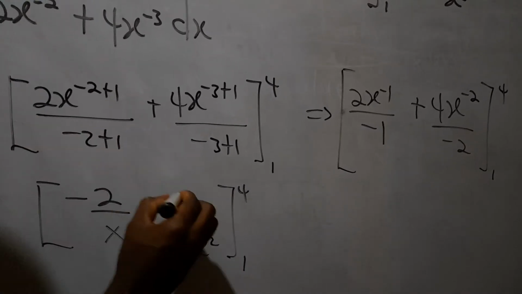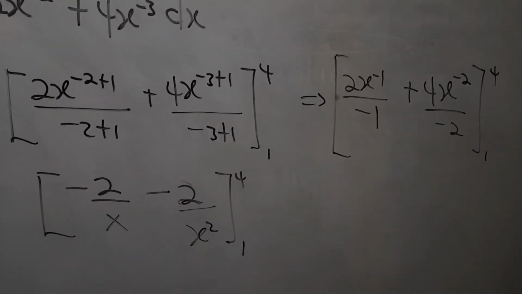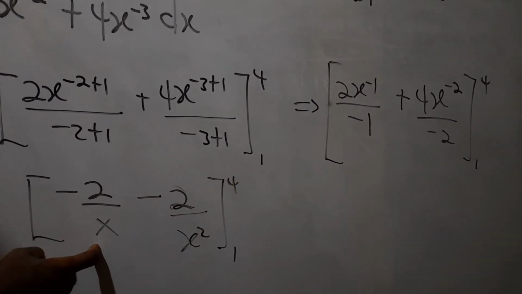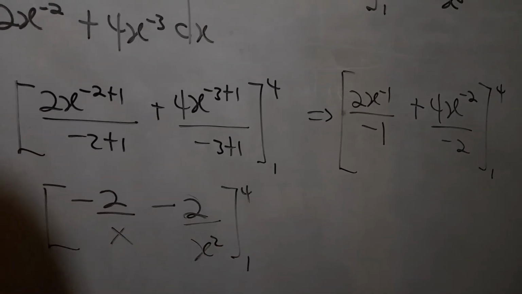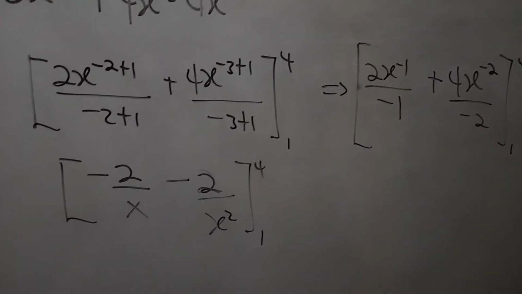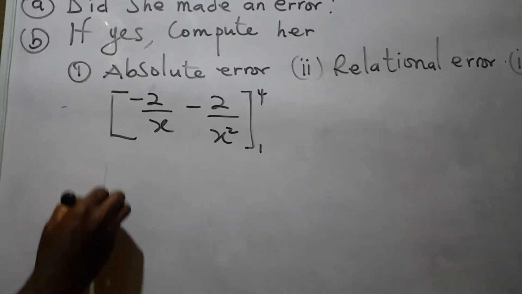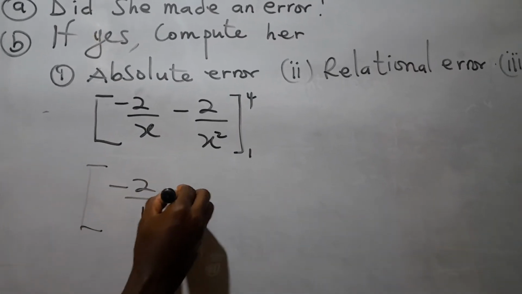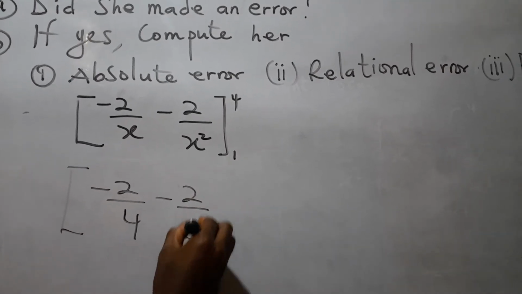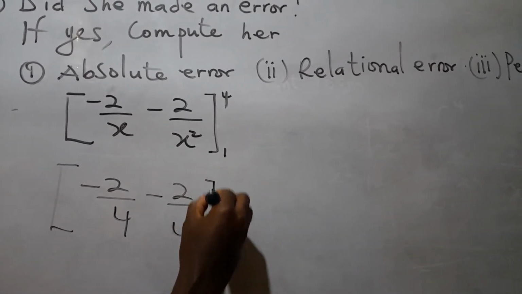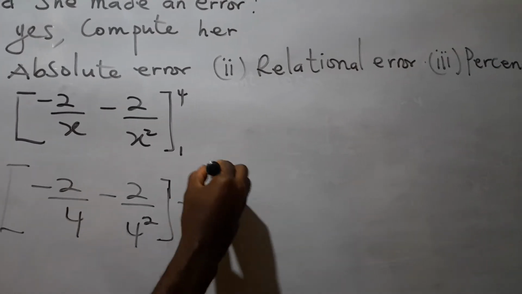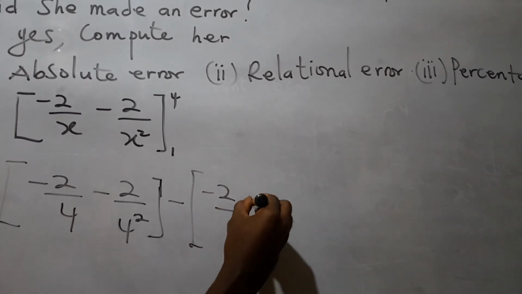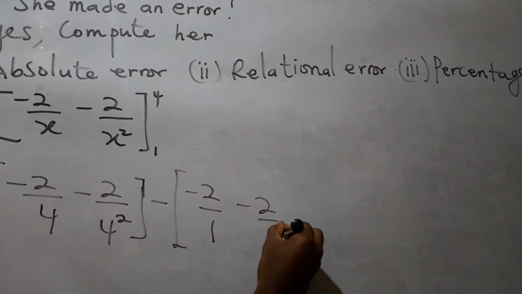Remember, these are the limits of integration. We substitute the 4 in place of the variable, minus substituting 1 in place of the variable. So when we substitute our 4, we'll get negative 2 over 4 minus 2 over 4 squared, then minus negative 2 over 1 minus 2 over 1 squared.